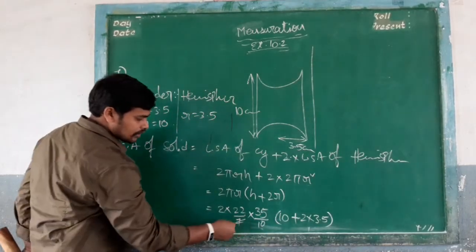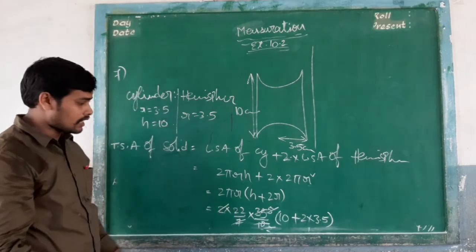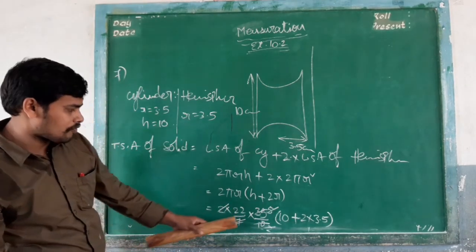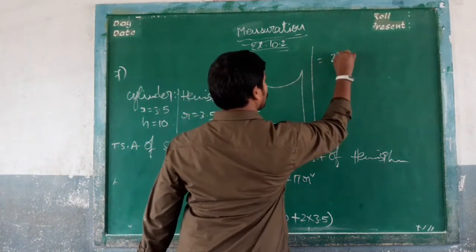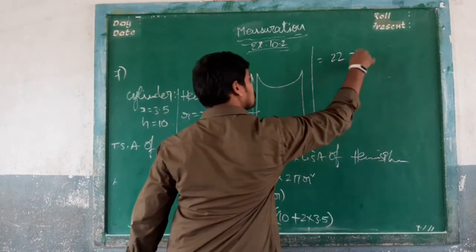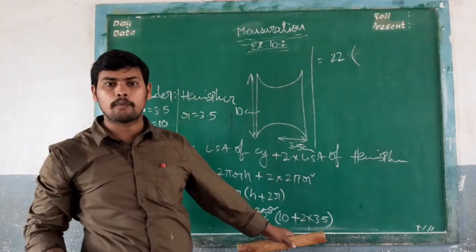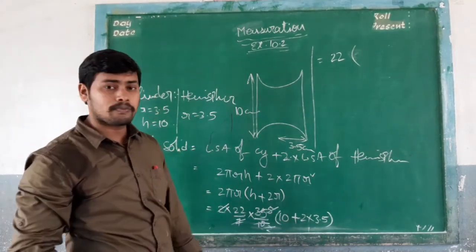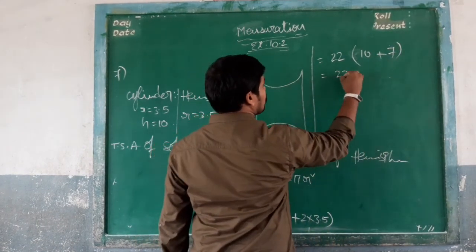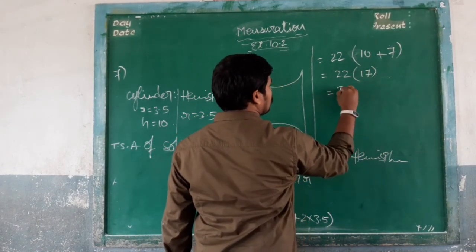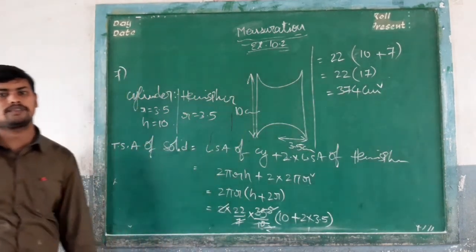Okay? 7 in 35 is 5 times, 5 in 10 is 2 times, 2 cancels. So 22 into 2 into 3.5, that is 7. 7 plus 10. 22 into 17, that equals 374 centimeters square. Okay.